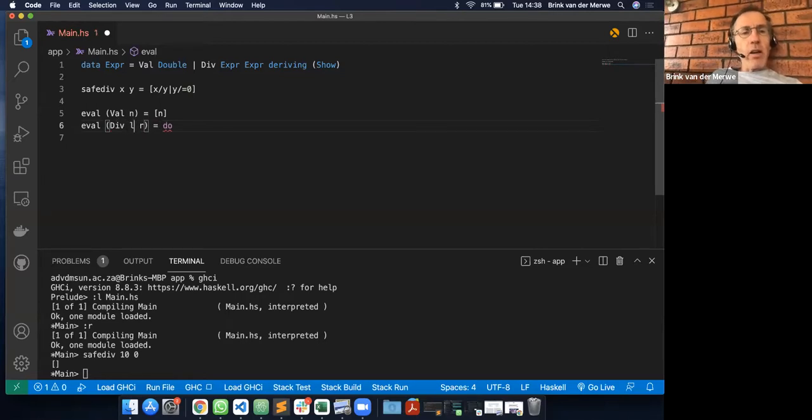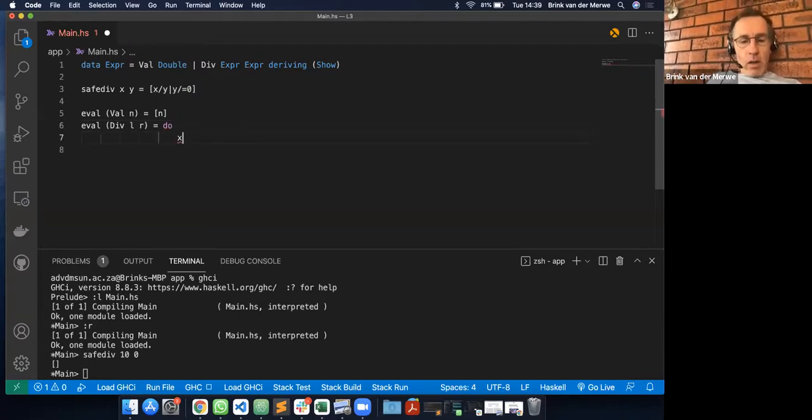That's why the red underlining helps. So let's use the do notation. And why can we use the do notation? Well, I'll use the fact that lists are in fact monads. So lists implement the bind operator. I'll first write it in this do notation, which is nice syntactic sugar, so you don't see all the painful detail.